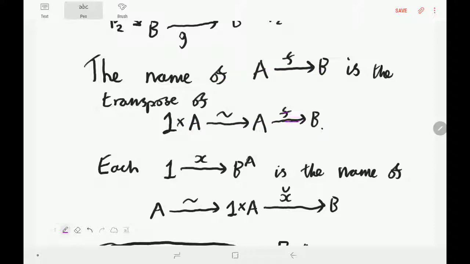And that's just going to be the transpose of f after this isomorphism from 1 times a to a.